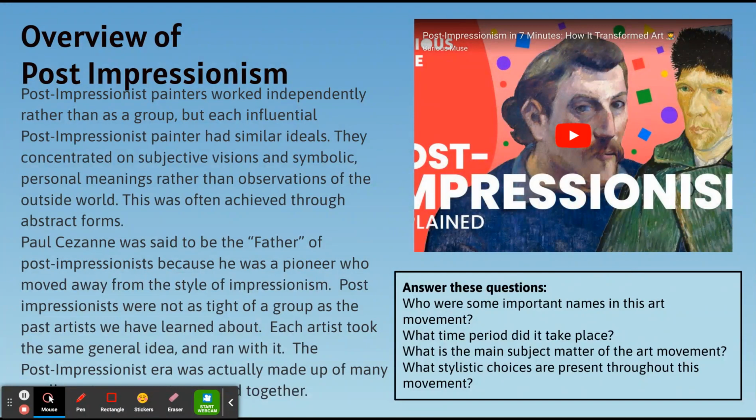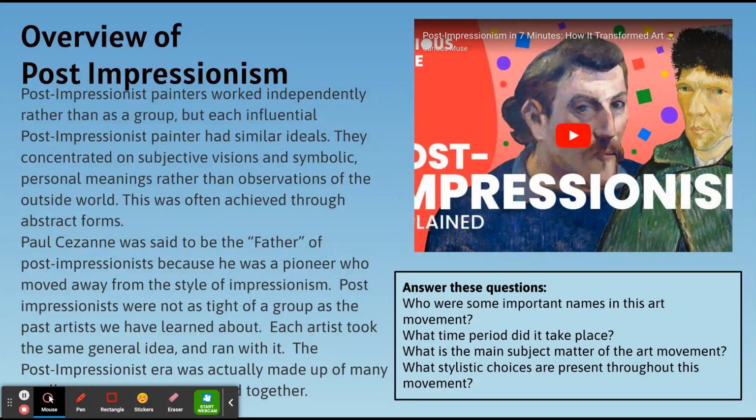After Impressionism was Post-Impressionism. Post becomes after. The Post-Impressionist painters worked independently rather than as a group. Impressionists were just breaking into this new art scene. They needed to band together so that they could do things like create art shows and not just have a single gallery on their own. Post-Impressionists were more secluded from one another.